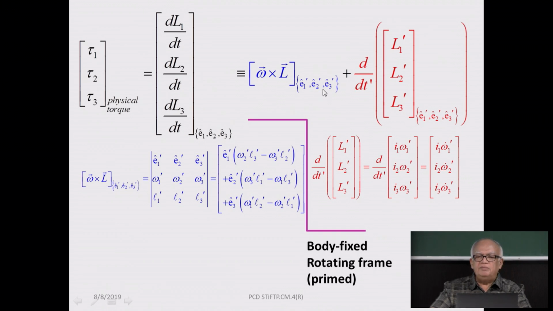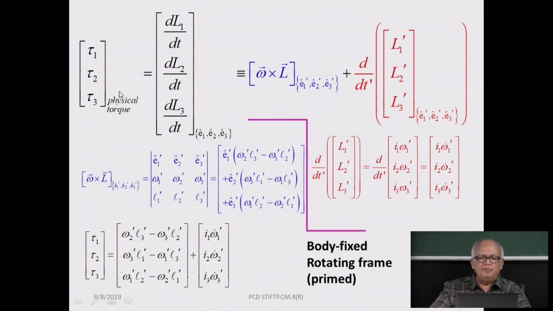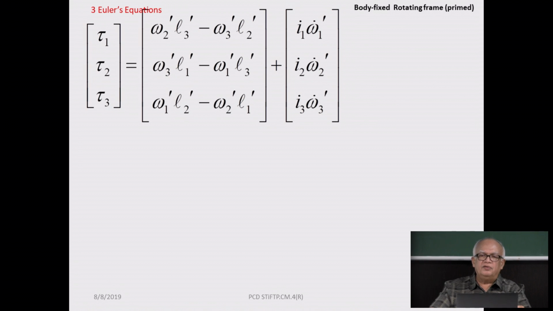And then you add up these two to get the physical torque, and the physical torque is now given by these terms. So you have got the first matrix is coming from the blue term, which is this, and the second is coming from the red term, which is this. And the sum of the two is what is involved in the Euler equations. So these are the same equations, there is nothing new about it, but we are writing the Euler equations in different forms so that we can solve this.